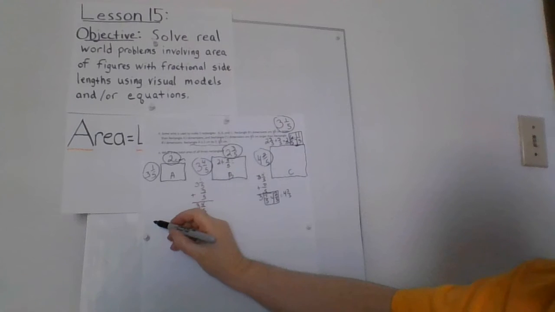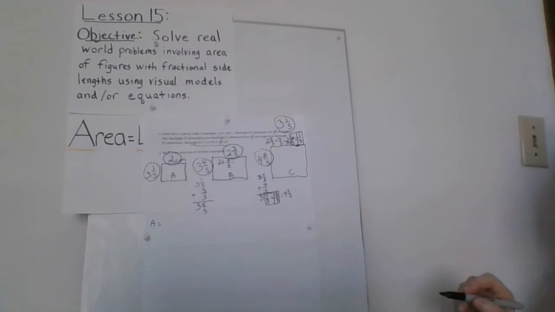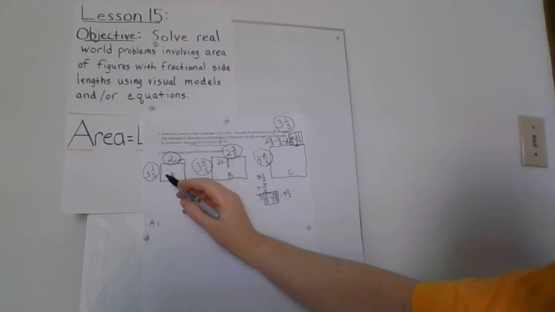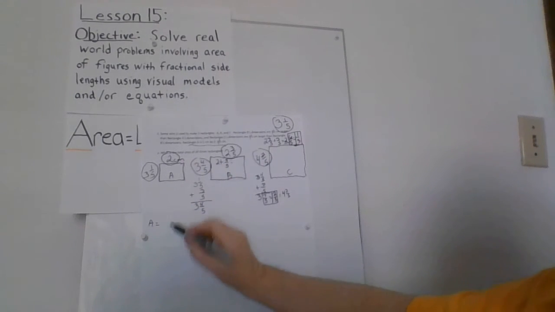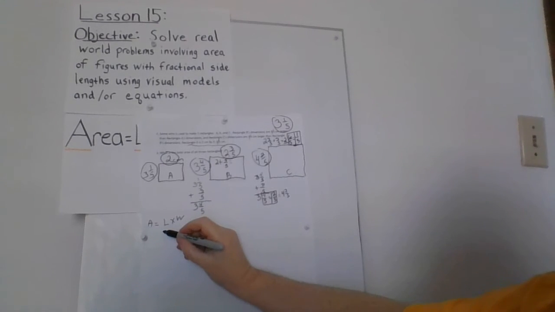So we're going to find the area for A. In order to do that, we have to do length times width. So it's going to be 2 times 3 1/5.